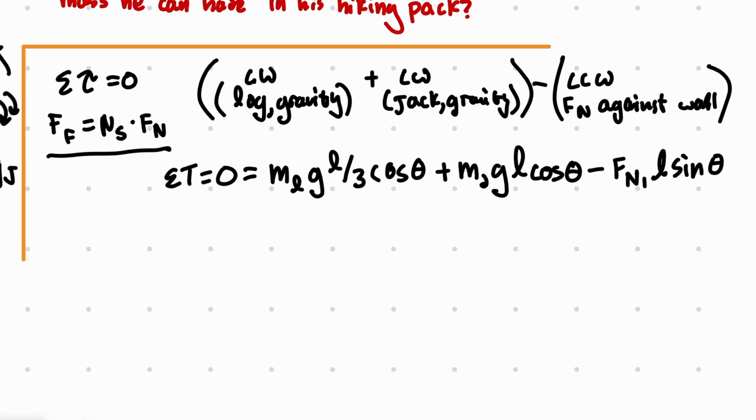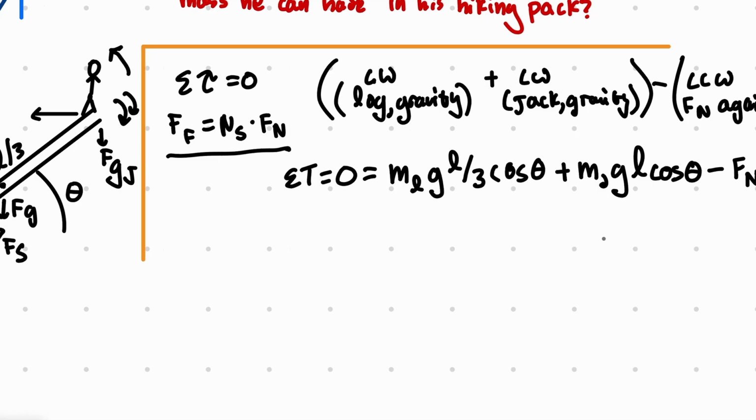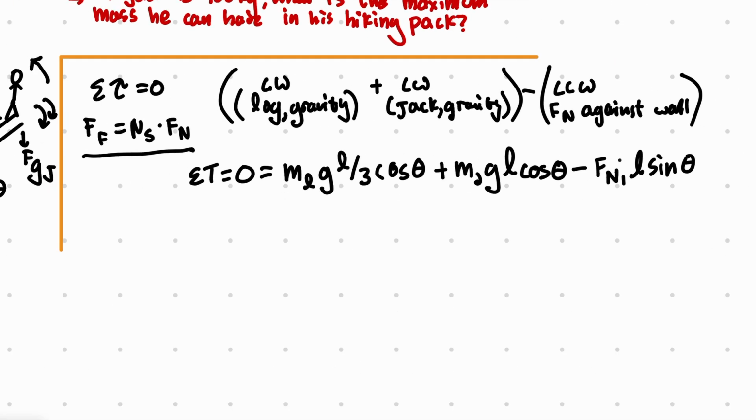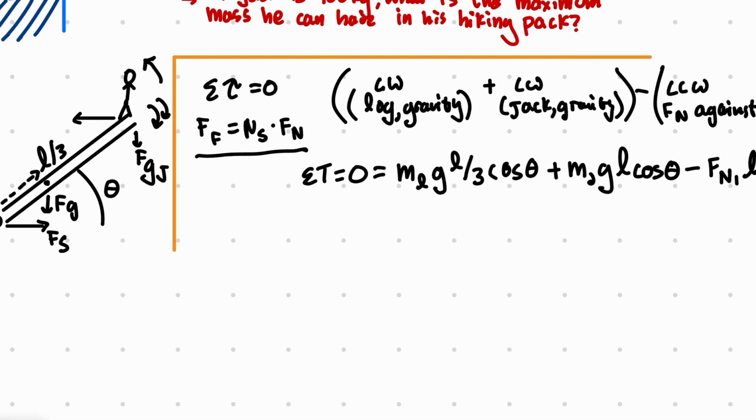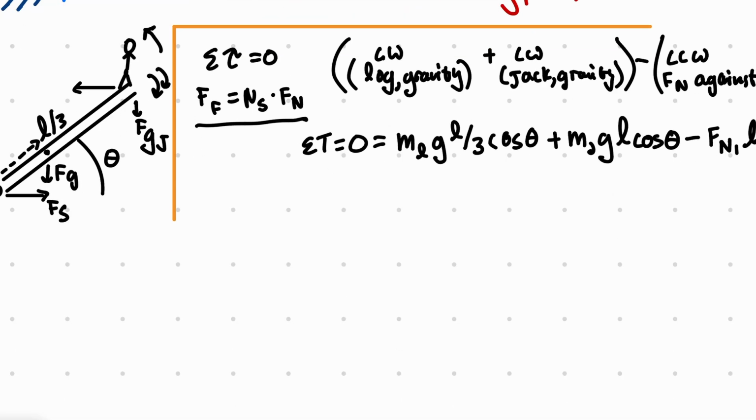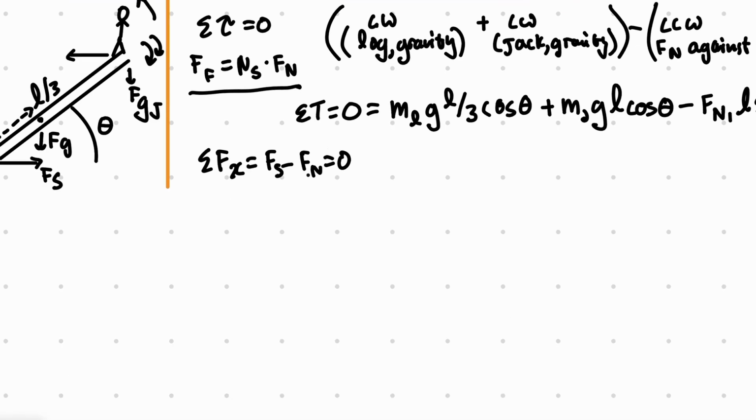The first thing we're going to do is take this force of normal 1 that we have over here and replace it with something a little more useful, because right now we haven't decided what that is. We know that the sum of forces in the x direction, the force of static friction minus the force normal, equals 0. This is just what we said earlier: the log isn't going one way or the other.